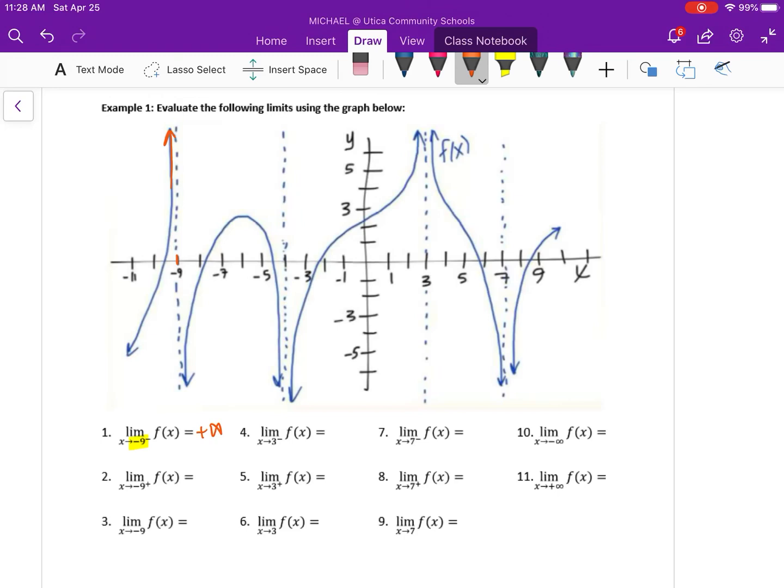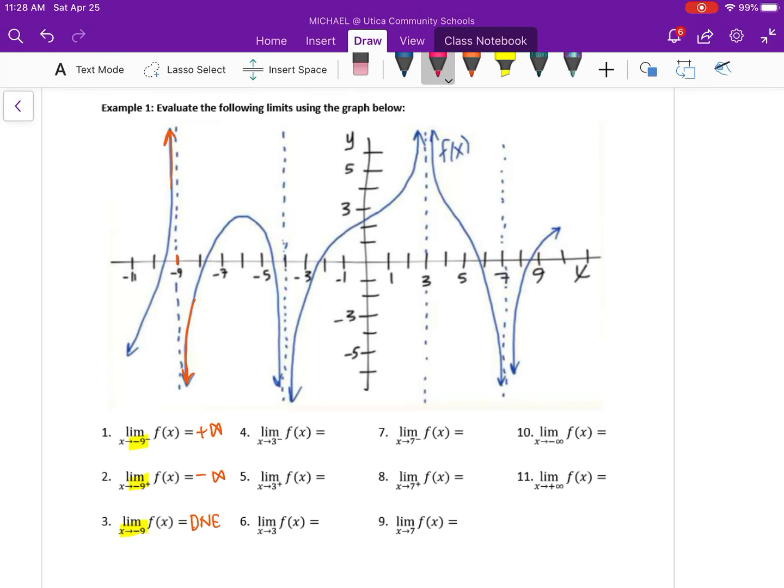Same spot, -9 from the positive side. So in this case, from the positive side would be this side, getting smaller and smaller, so negative infinity. And -9 in general, because these two things are different, that limit does not exist.